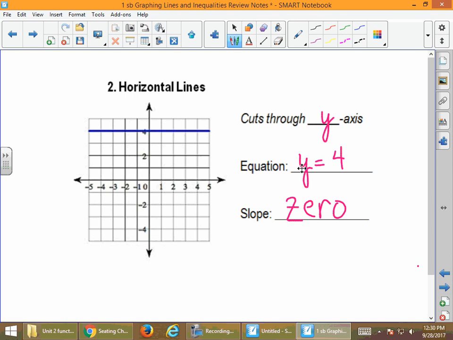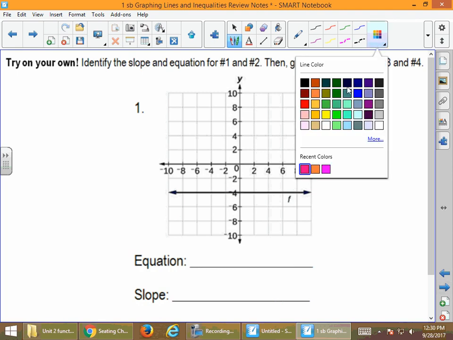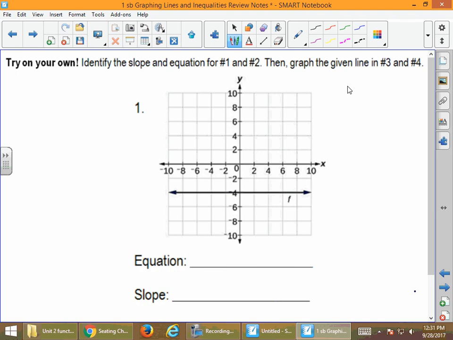So as we jump down here, some of you are ahead, and that's great. I'm going to do problem 1, and then I'll have you do problem 2. I'll work problem 3, and then you can do problem 4. But in problem number 1, we want to figure out the equation of this horizontal line. So remember, when we're working with equations, we ask ourselves, which axis does it cut through?